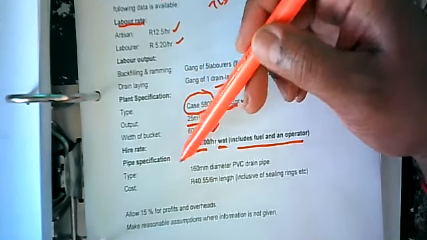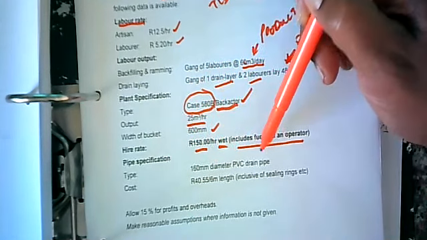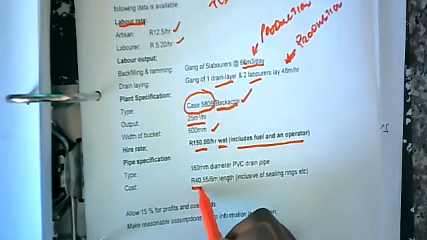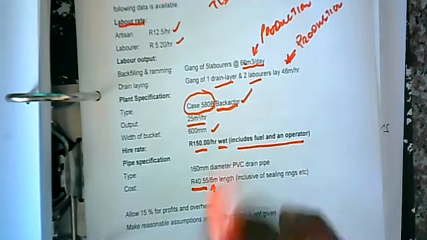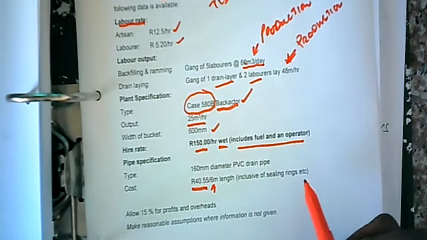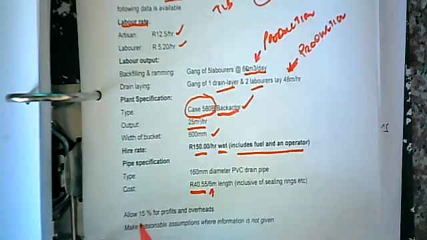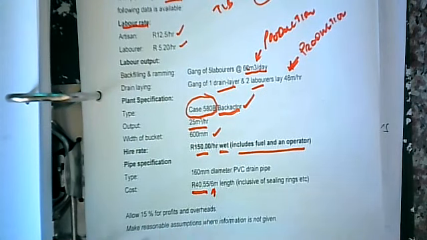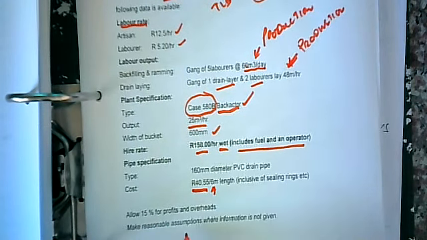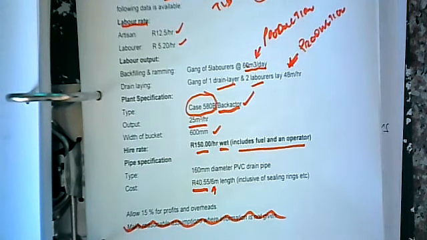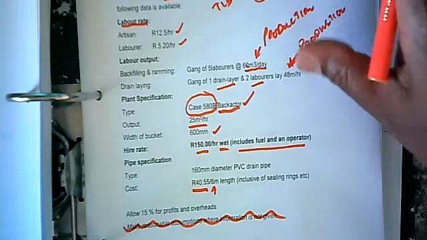Pipe specification, 160 millimeter diameter PVC pipe, and the cost is 40 Rand 55 cents for 6 meters, not for 1 meter, for 6 meters. Careful, all right? Inclusive of sealing rings, etc. Allow 15% for profits and overheads. Make reasonable assumptions where information is not given.